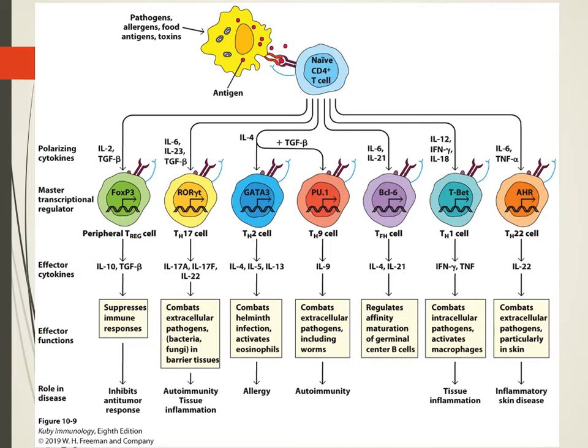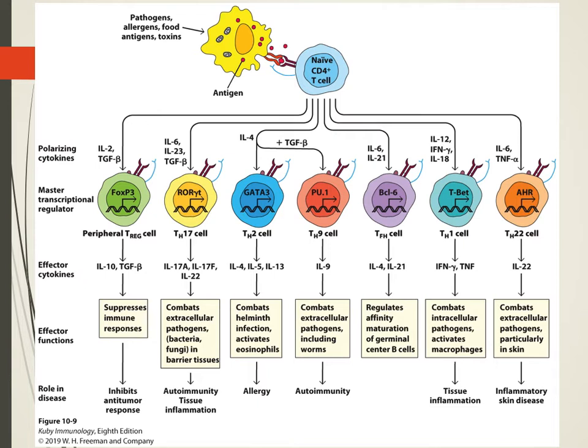So this actually activates those cells that are needed to fight a parasitic worm infection, like eosinophils. So eosinophils are able to produce paralyzing agents. So they produce chemicals that will paralyze the worms, so they actually disengage. Also important for allergies.